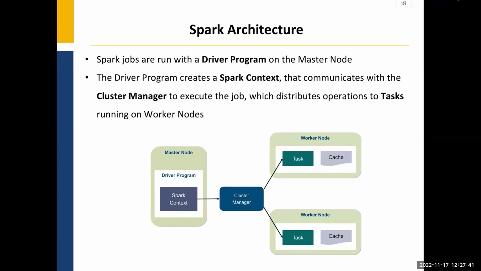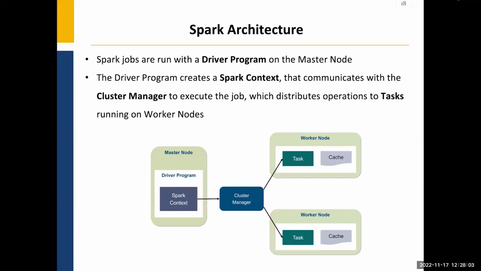In this architecture, Spark jobs start with and run with a driver program that's running within the master node. And within this driver program, it creates a Spark context instance that communicates with the cluster manager to be able to execute the job.